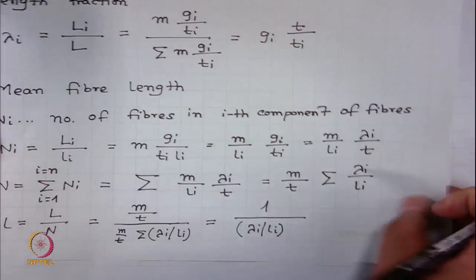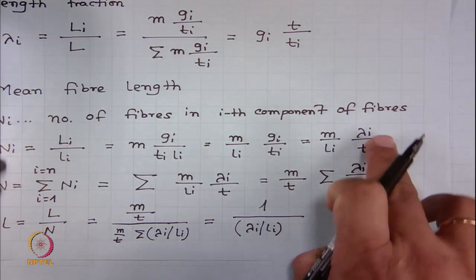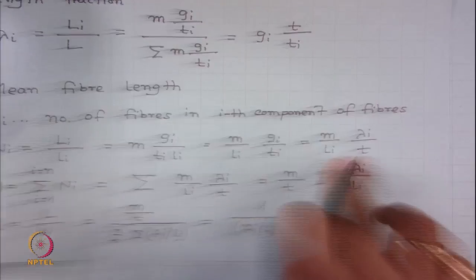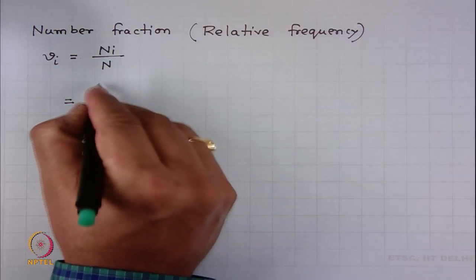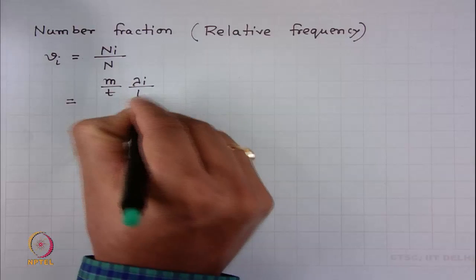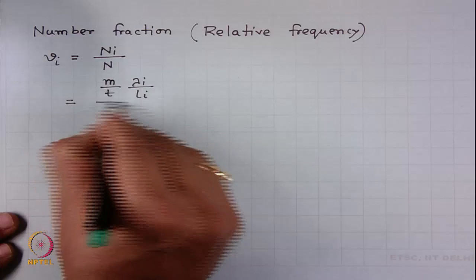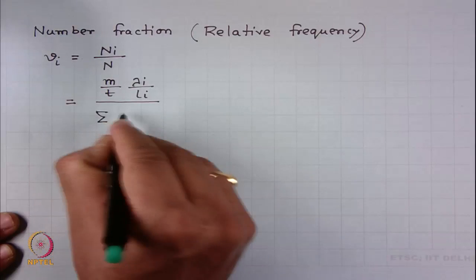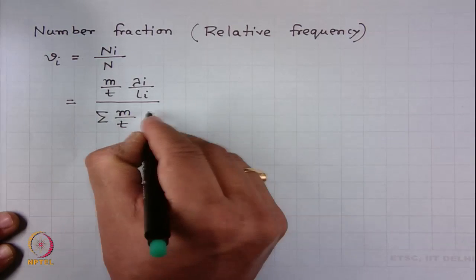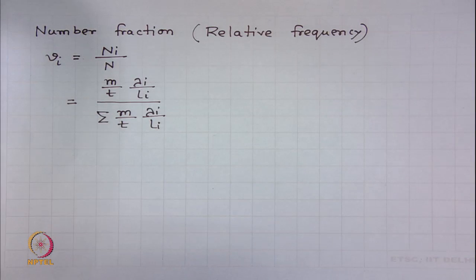N subscript I we have derived here, m by t lambda I by Li, we write it here, m by t lambda I by Li. And what is n? N is summation Ni, so summation m by t lambda I by Li.